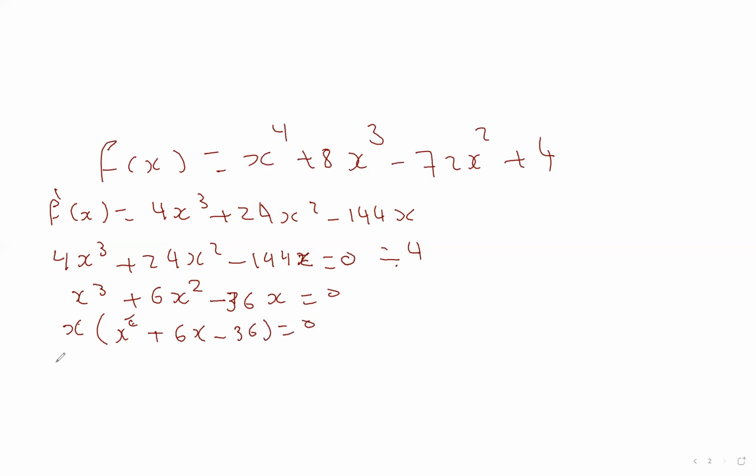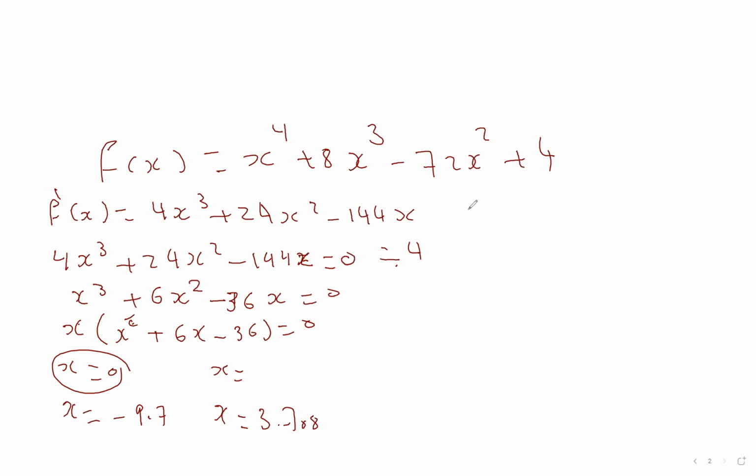Okay, then x equals 0 or x equals, we can factorize this one. We can make it by formula or by using mod 53. So by using the calculator, x will be negative 9.7. So x equals 0, the first. And x equals 3.708. Okay.